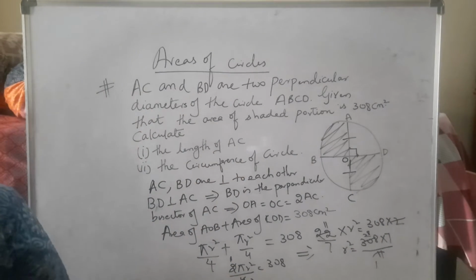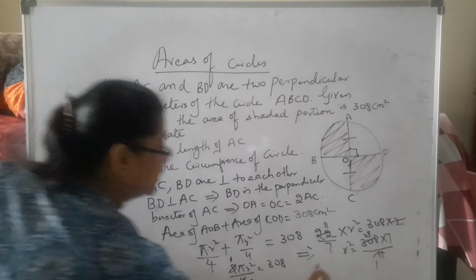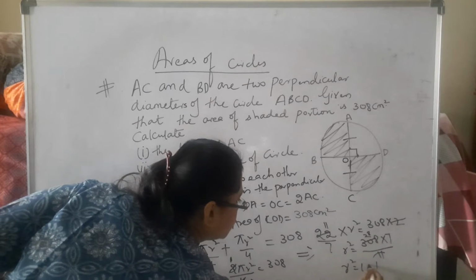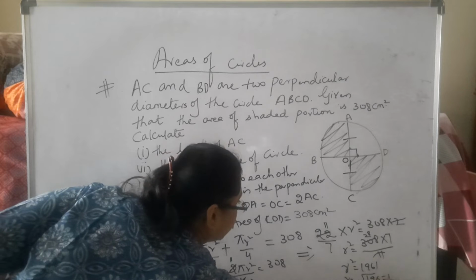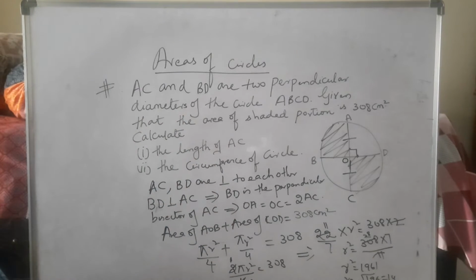So 28 into 7. How much is 28 into 7? 196. So r square is equal to 196. r is root 196, which is 14. Right guys? So r is equal to 14.